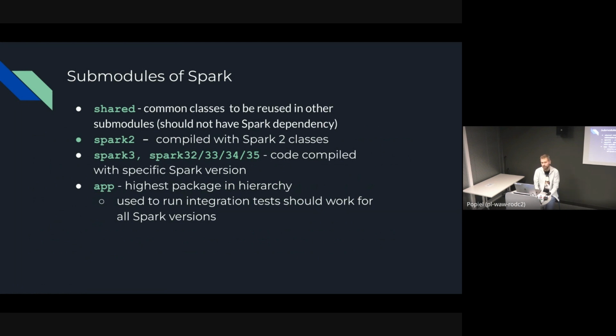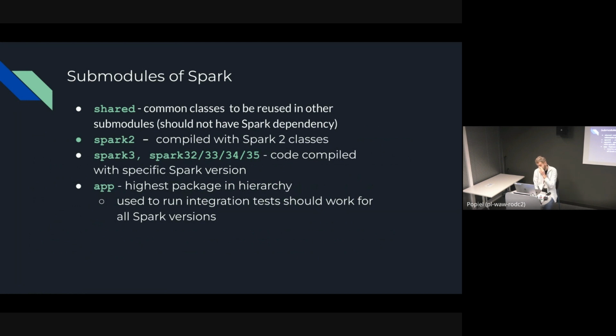Then we have a bunch of modules that depend on some Spark version, like the Spark 2 module, Spark 3, Spark 32, which is compiled with Spark version 3.2. And then at the end, we have the highest package in the hierarchy, which is used to run integration tests on top of all Spark versions that we have.